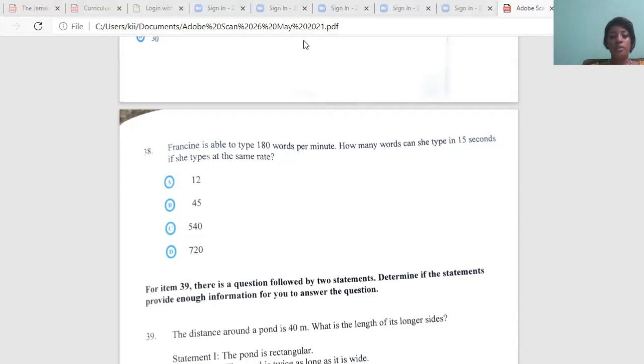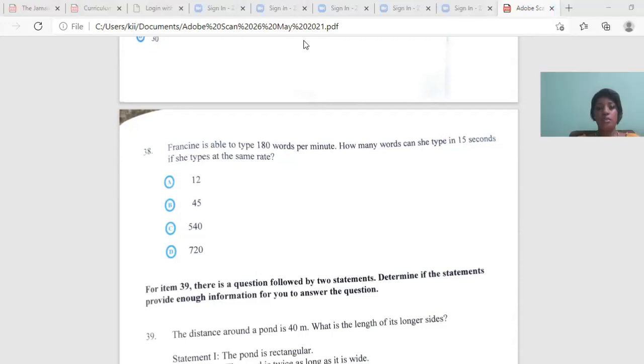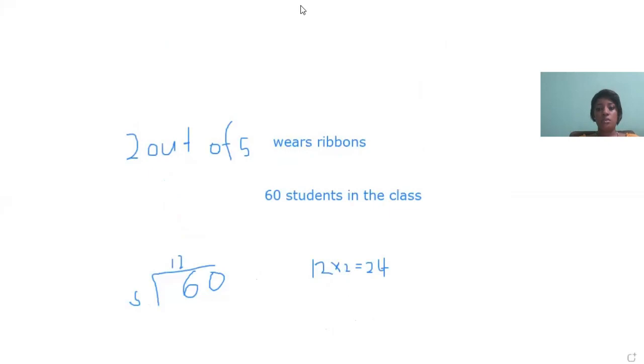Let me go back to my whiteboard. 180. Sorry about that. So I'm dividing 180 by 15.